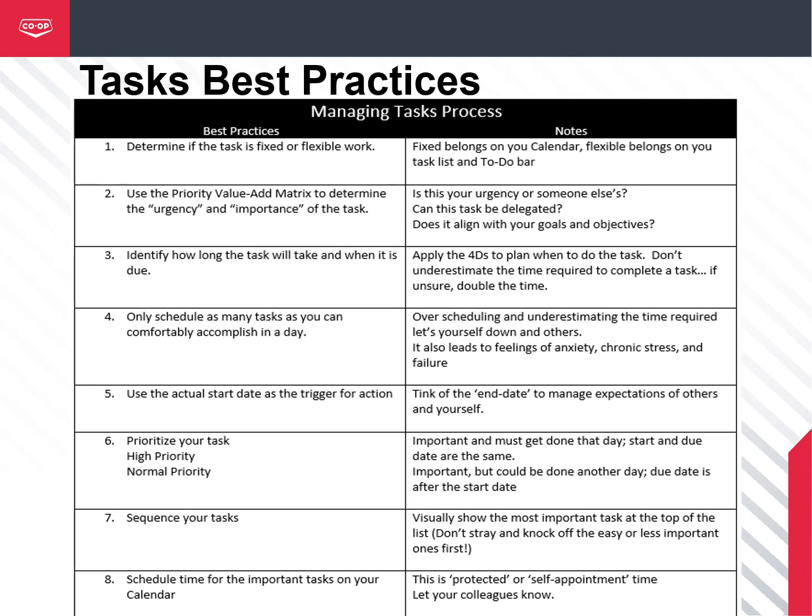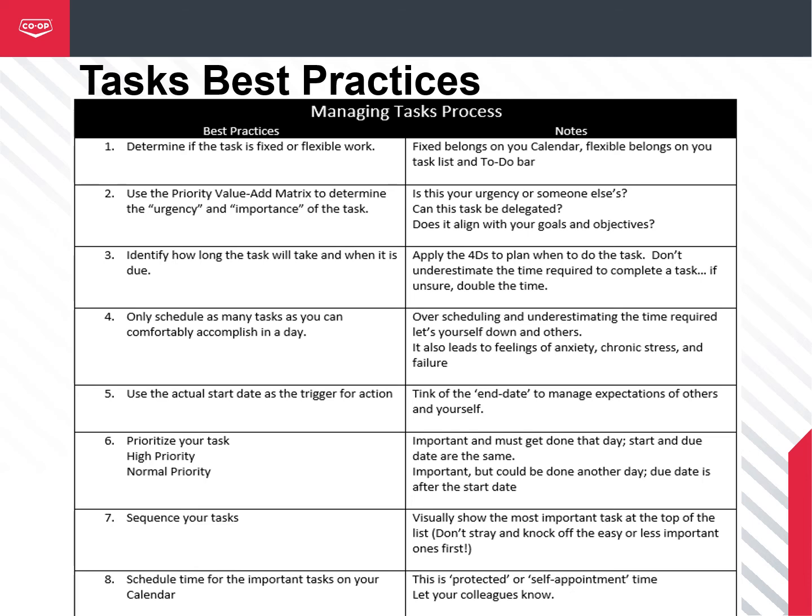Often what we do is we cram in too many things in a day and we don't accomplish all the tasks that were priority for that particular day, and then they go to the next day and the next day and the next day, and then it compounds to a situation where you're again out of control. So number 4, we only schedule as many tasks as you can comfortably accomplish in a day.